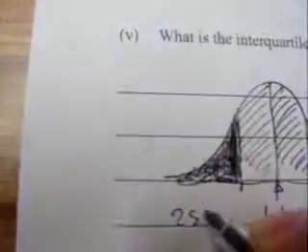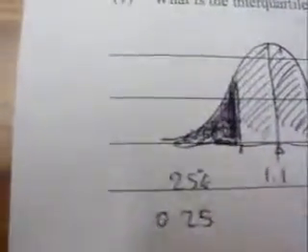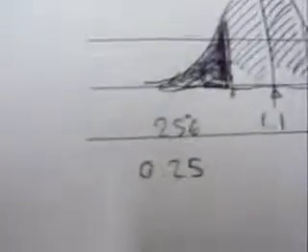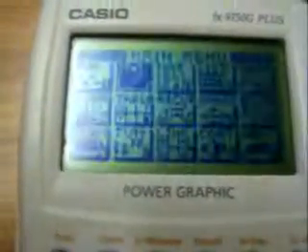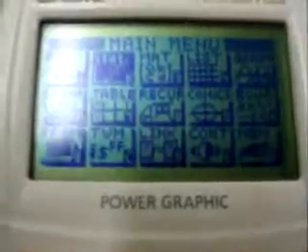25% into the calculator is going to be entered as 0.25 as a decimal. You must enter it in as a decimal. So let's see how we do this on the calculator. Let's go to the calculator here, and we'll turn it on and press menu and stat.